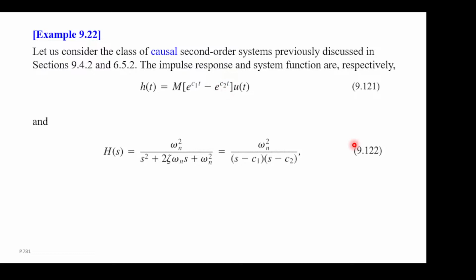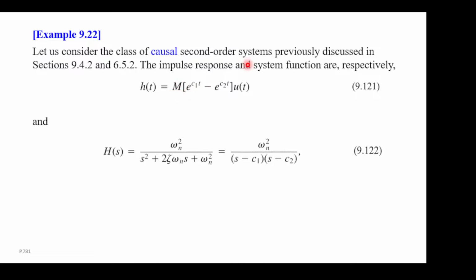If C1 and C2 have a positive real part, then this will have exponential growth with t, so you will have two oscillating, exponentially growing parts, and that looks very unstable for your h of t.